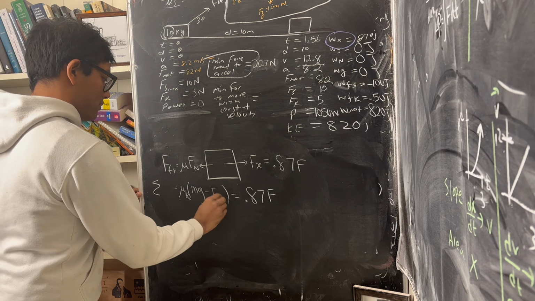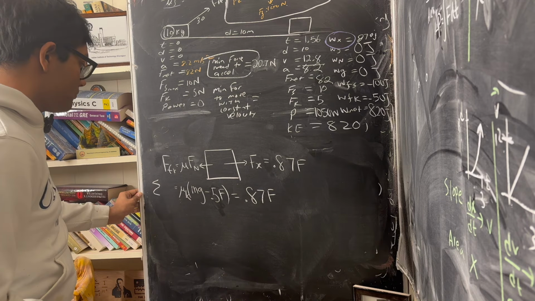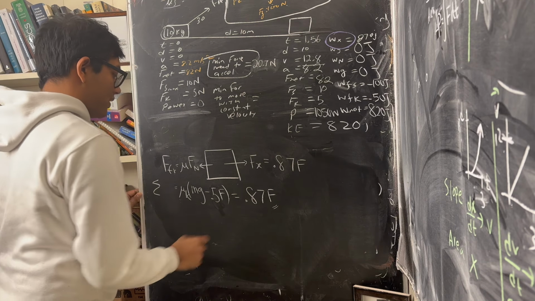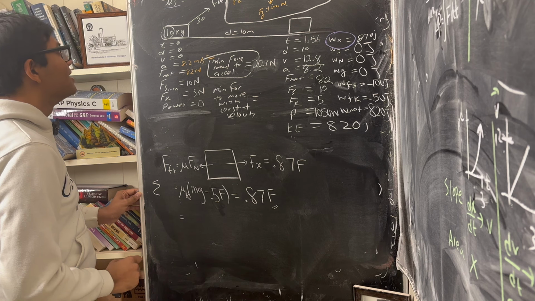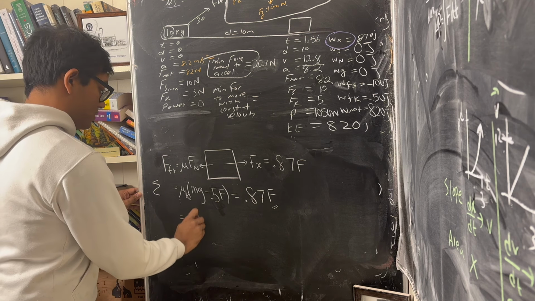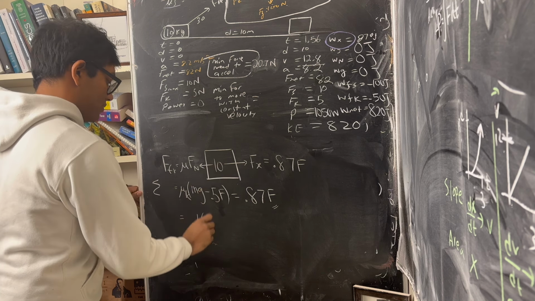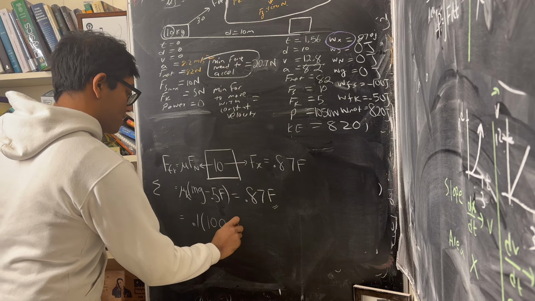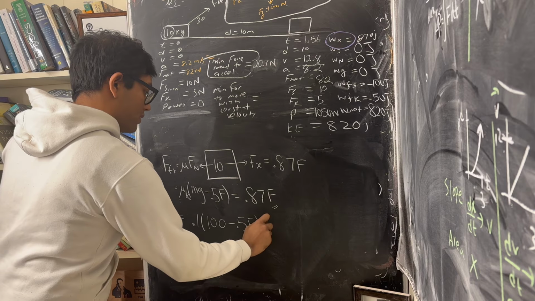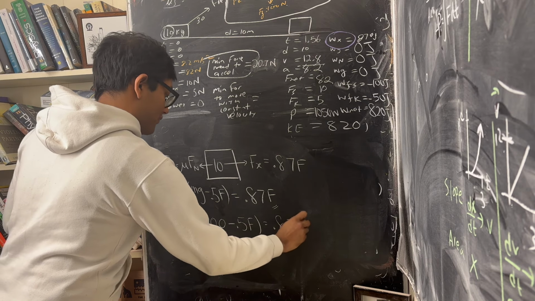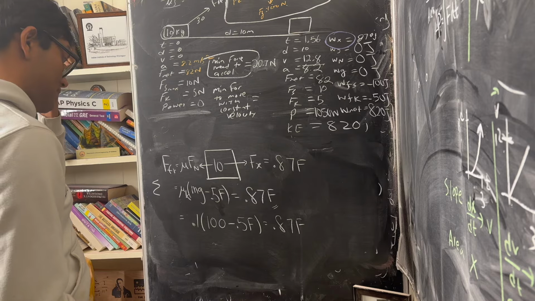Okay, so now we just have to solve for F. So mu k is 0.1. M is 10. So this is 100 minus 0.5 F equals 0.87 F. Let's see.